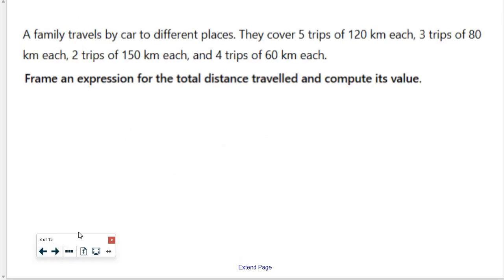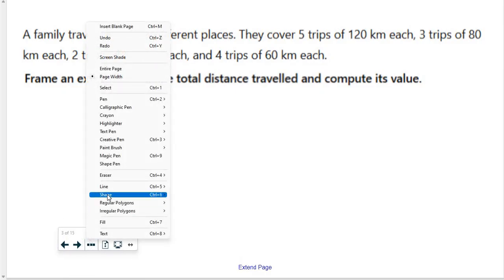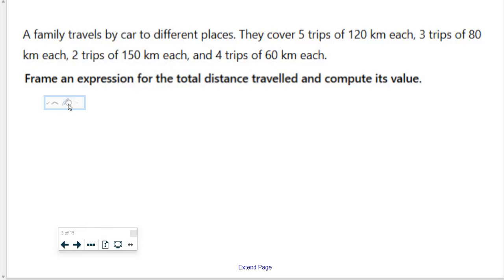Now, slide number 1 is the first question, which says that a family travels by a car to different places. They cover 5 trips of 120 kilometers each, and 3 trips of 80 kilometers each, and 2 trips of 150 kilometers each, and 4 trips of 60 kilometers each.